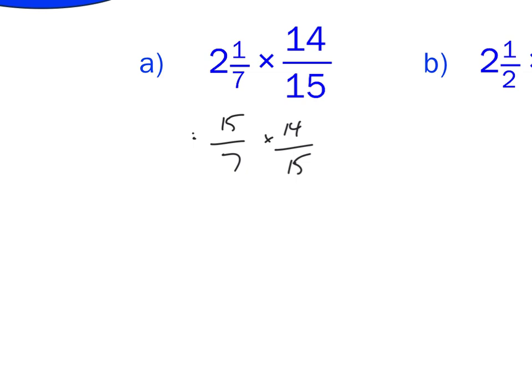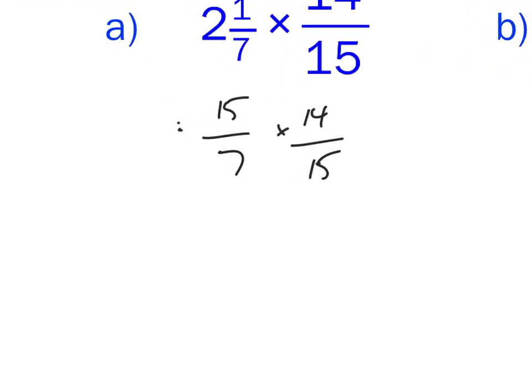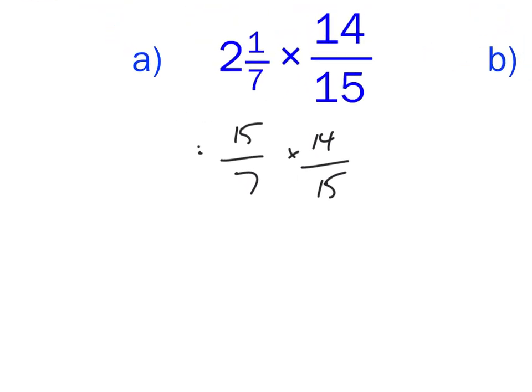Now, I'm going to show you something that we can do here. Even though this is a question like we've done before, this is going to come out of the file of work smarter, not harder. This is a method that you're going to see all over the place when you get to high school.